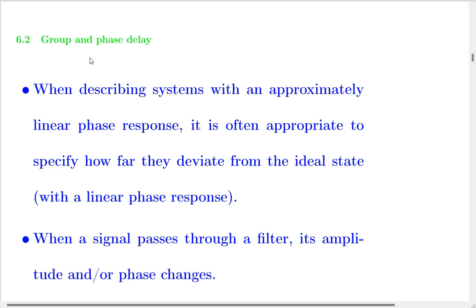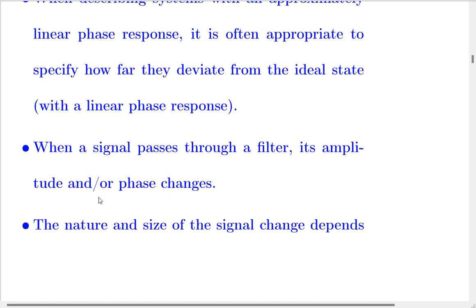Now, group and phase delay. When describing systems with an approximately linear phase response, it is often appropriate to specify how far they deviate from the ideal state, that is, a linear phase response. When a signal passes through a filter, its amplitude and or phase changes.